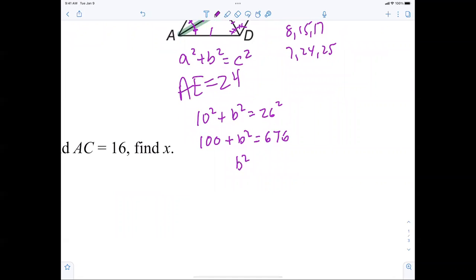Subtracting 100, B squared equals 576. So I think B is 24. All right, does anybody have their calculators? Everybody checking me on that? Make sure that's good numbers. Anybody have any issues with that? Pythagorean theorem, kind of easy.